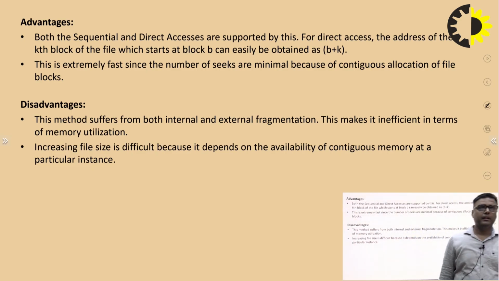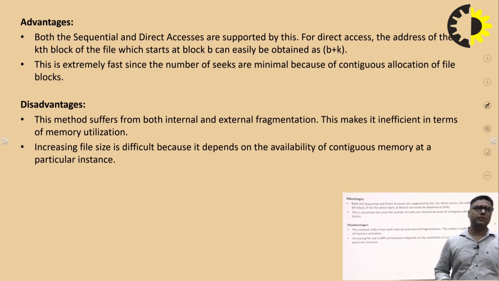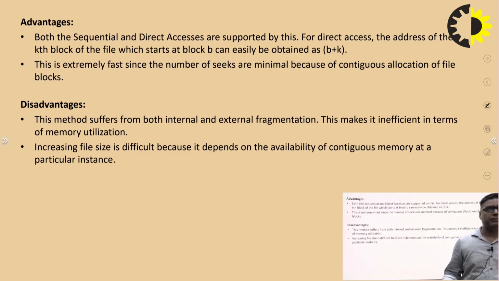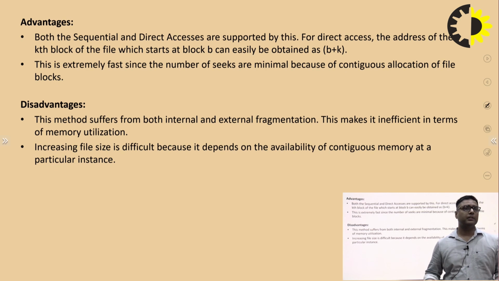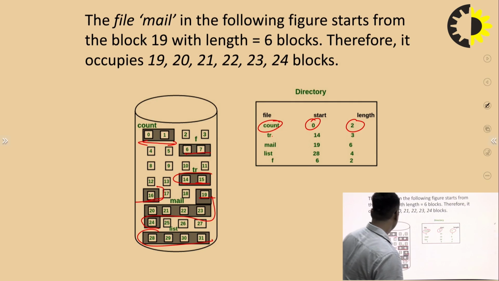Direct access means it is easy to access and easy to store the file, no problem. This is extremely fast since the number of seeks is minimal, because the file is in contiguous form. Disadvantage: this method suffers from both internal and external fragmentation. How?